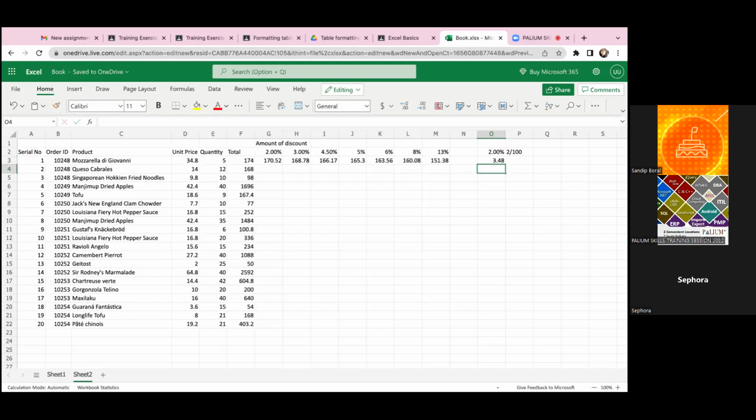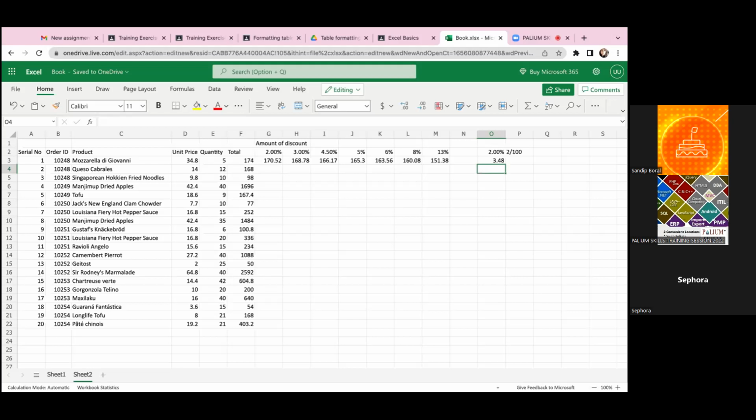Now what is the price of the mozzarella cheese after discount? 170.52, which is 174 minus 3.48. Isn't it? Agreed? Yes.